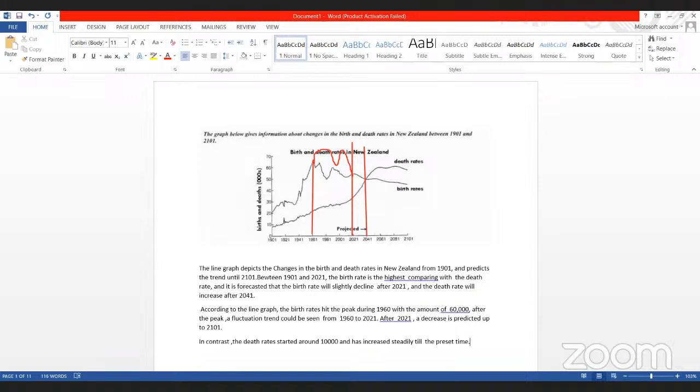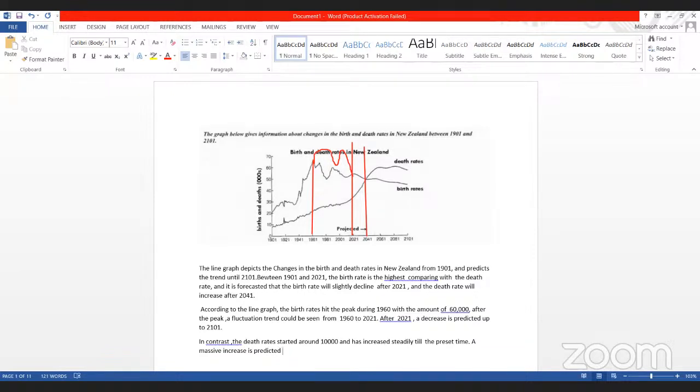And now we need to talk about the increase which can be seen after 2021. A massive increase is predicted.